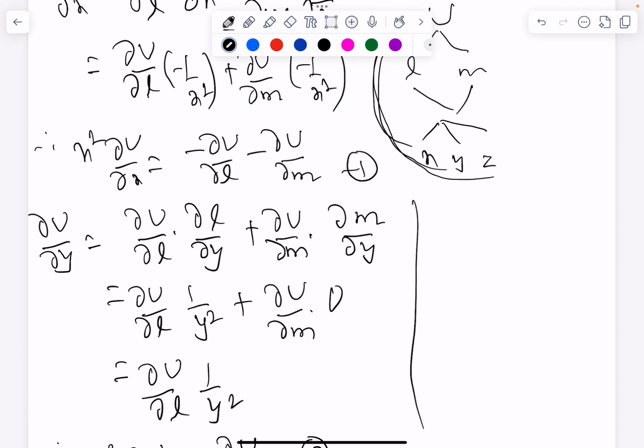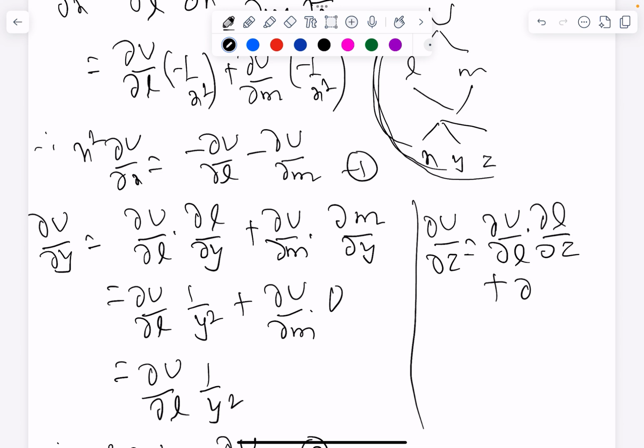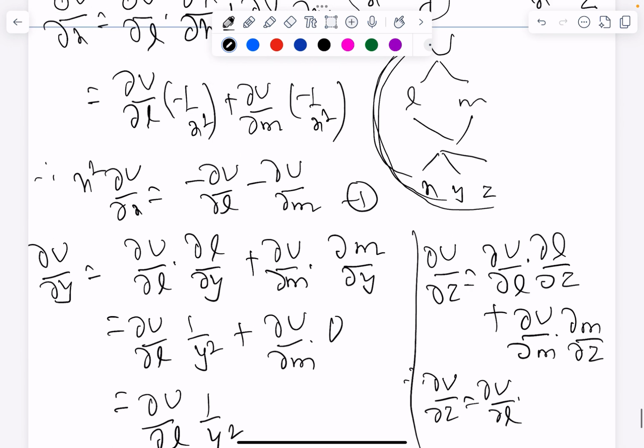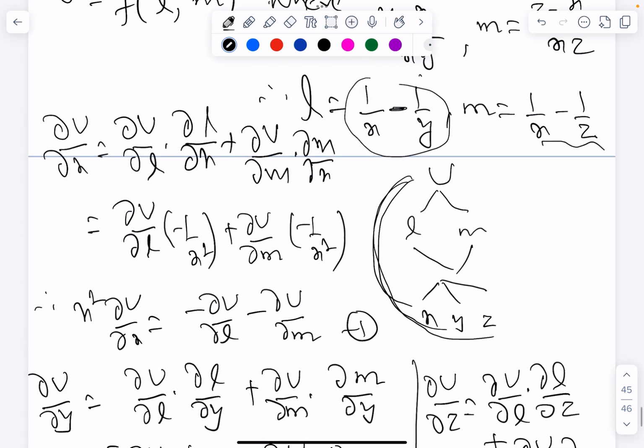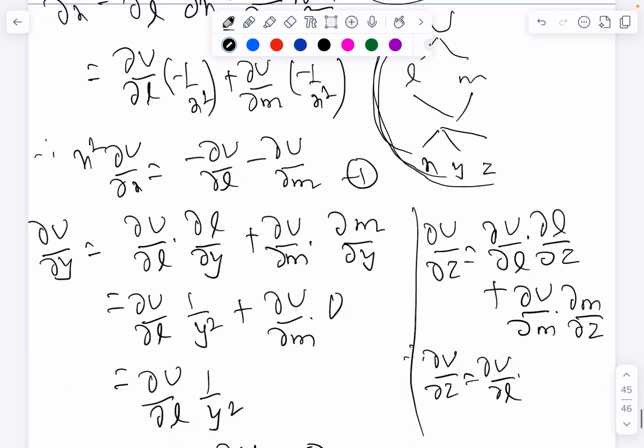Same way we can find del u by del z as del u by del L into del L by del z plus del u by del M into del M by del z. L is 1 over x minus 1 over y, there is no z, so that is 0.